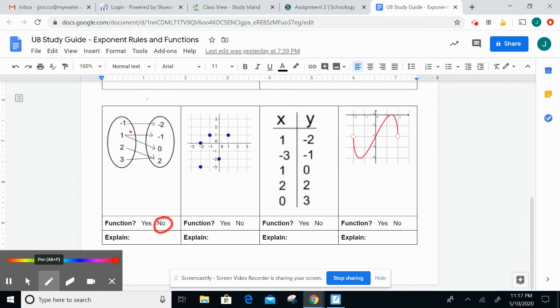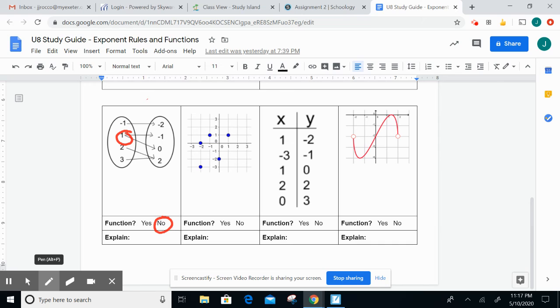That means it's a no. There is a repeat x. The 1 repeated. That's all you need to put for the explanation. For explain, say there's repeat x's, and make sure to identify which one it is. For x equals 1, there are 2 y values. That is not possible for a function.